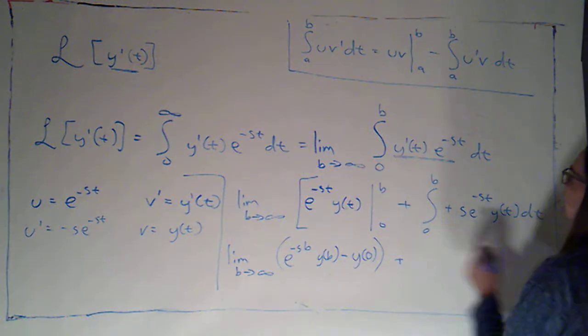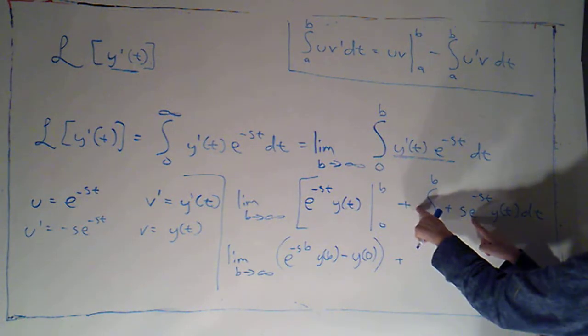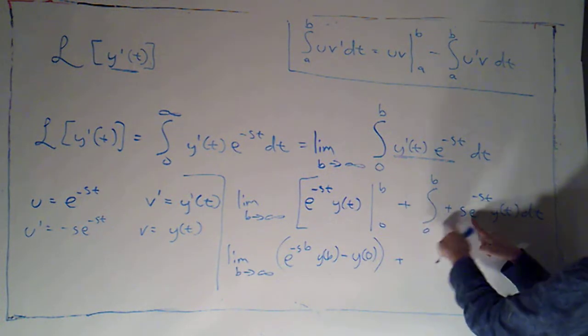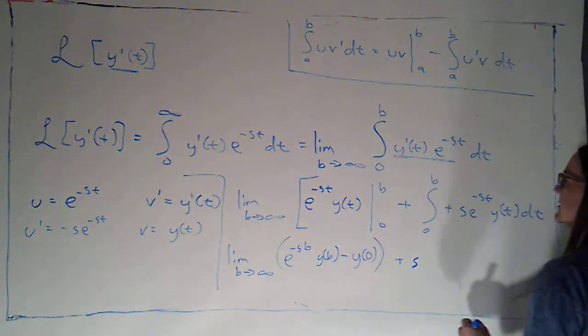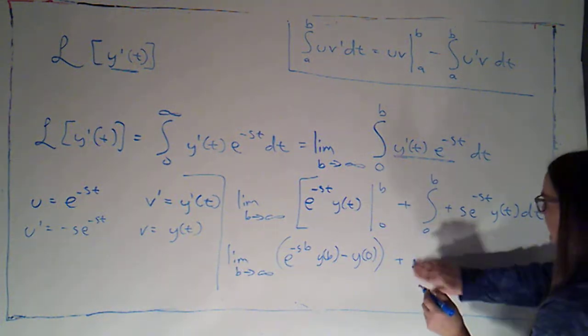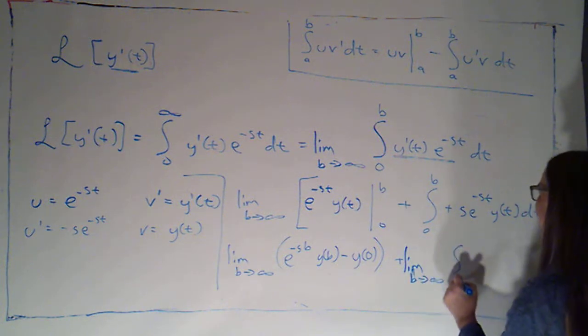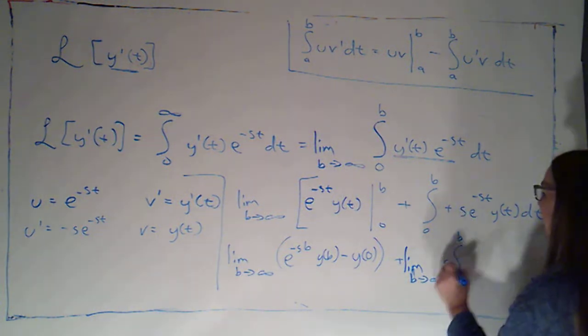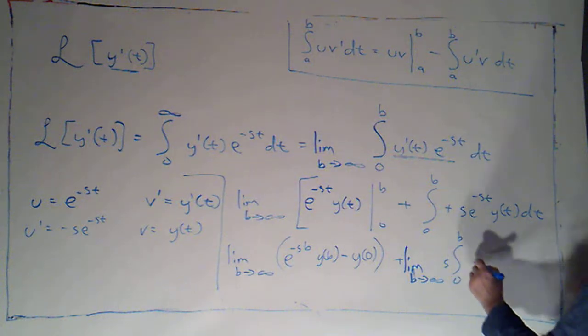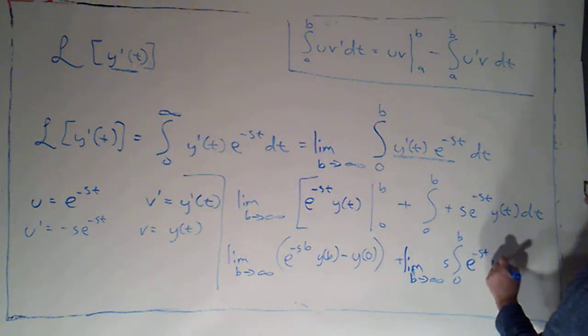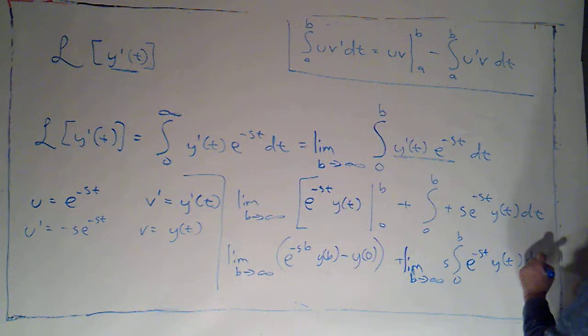Plus, I can factor out the s because for the purposes of this integral, s is a constant. So I get the limit as b goes to infinity of the integral from 0 to b, with that s factored out, of e to the negative st times y of t dt.